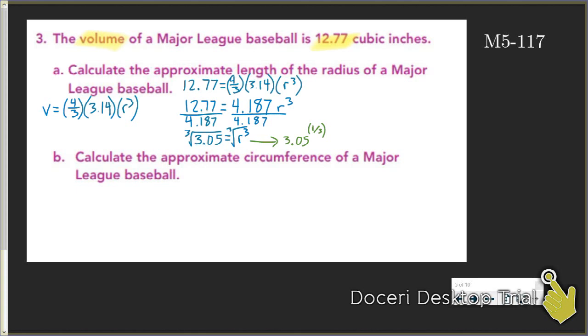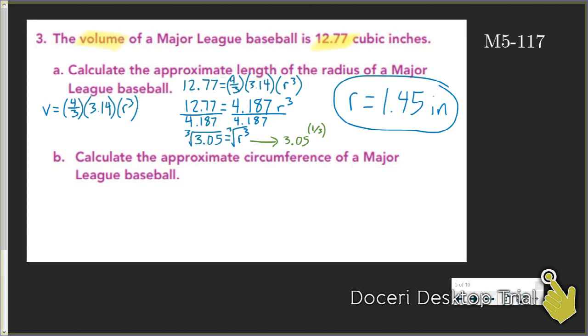So cube root is the same as taking something to the power of 1/3. Okay? And when you do that in your calculator, you should get radius equal to 1 and 45 hundredths. And that was in inches, so we know our answer's in inches, and the radius is never cubed or squared, so that is our final answer for letter A.